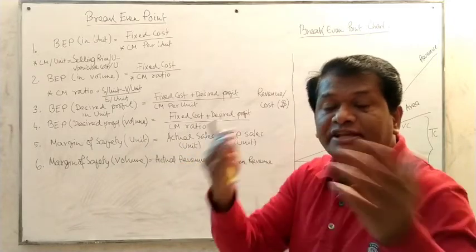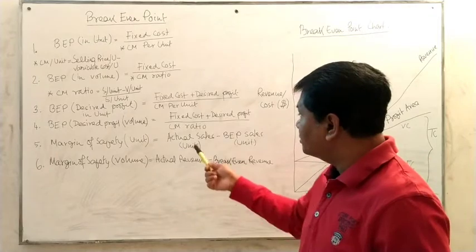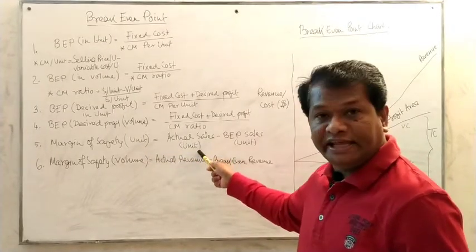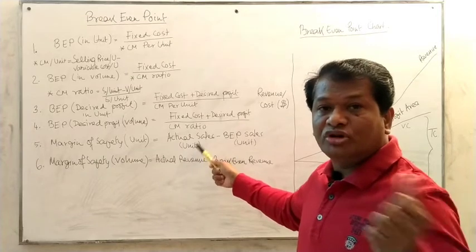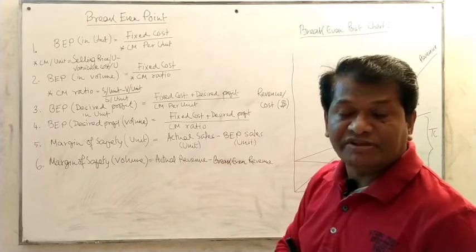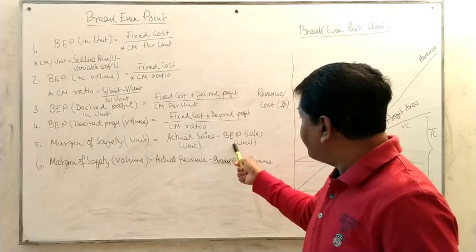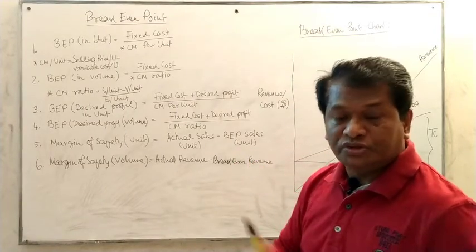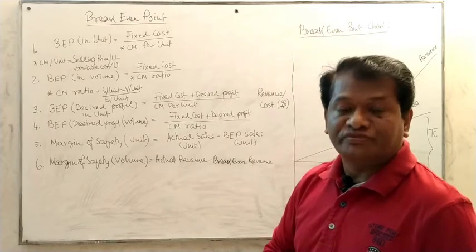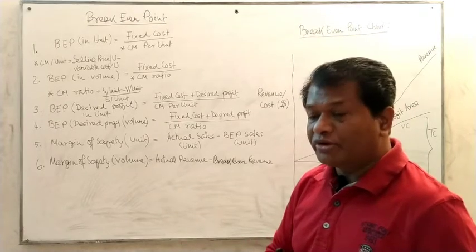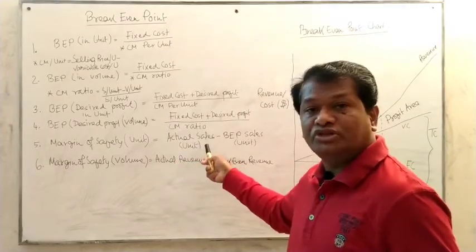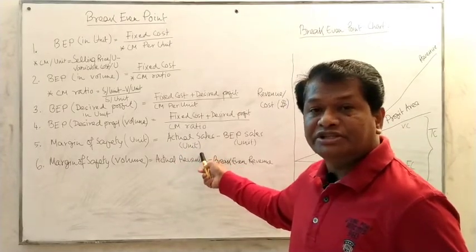The difference is the margin of safety. Over here you see the formula for the margin of safety: actual sales in units, maybe 600,000 as I said earlier, and break-even sales in units, which is 500,000. The difference is the margin of safety. So it is calculated as actual sales in units minus break-even sales in units.